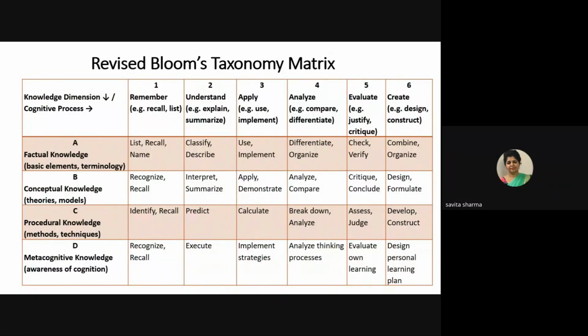Is it B6? There are answers like B6, that is design and formulating. There is B4, and B3, that is analyzing and comparing. But do you think it is B?